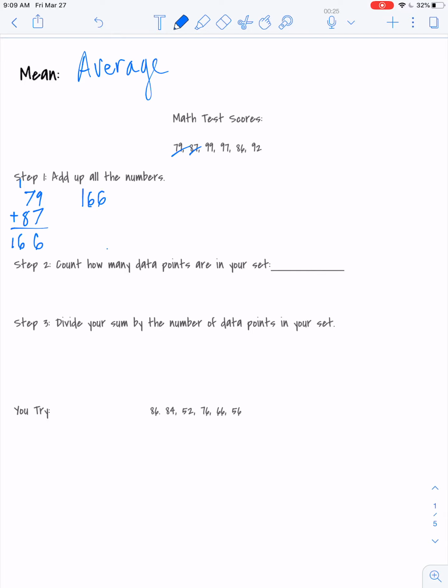Then I'm going to take that number, 166 plus 99. So 9 plus 6 is 15. 9 plus 6 plus 1 is 16. 1 plus 1 is 2. So we end up with 265. So now we take 265 plus our next number, which is 97.